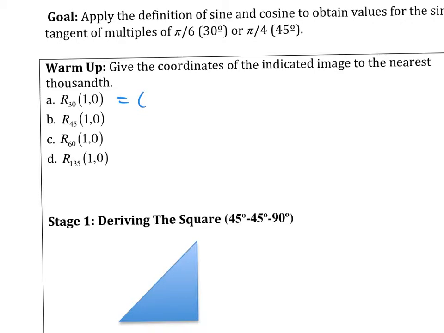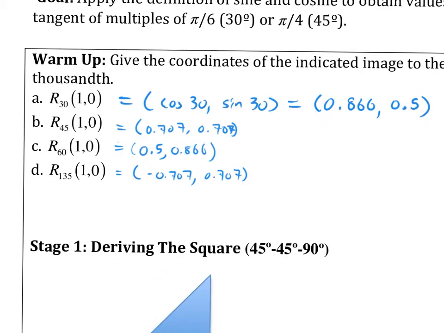Now, of course, we know that when you rotate, the x value is the cosine of theta, in this case 30 degrees, and the y value is the sine of theta, in this case 30 degrees. So all you have to do is plug those numbers into a calculator to get those values. So do cosine of 30, etc., and you're going to do that for all of those. So if you haven't already, attack, kill, destroy now.